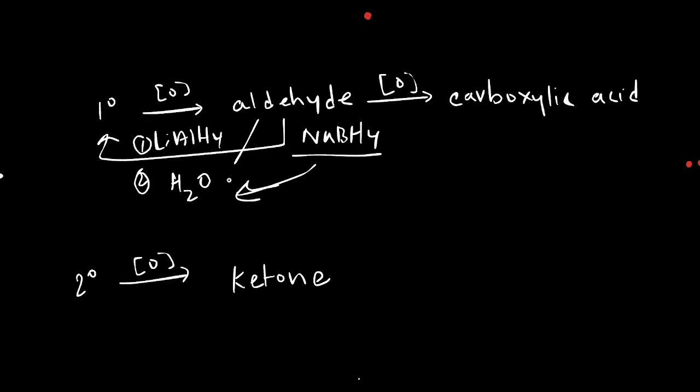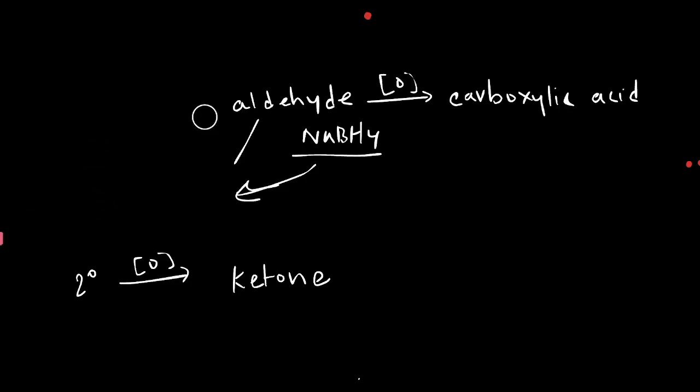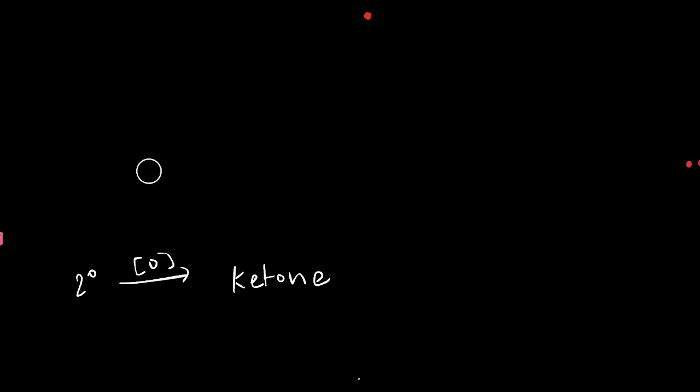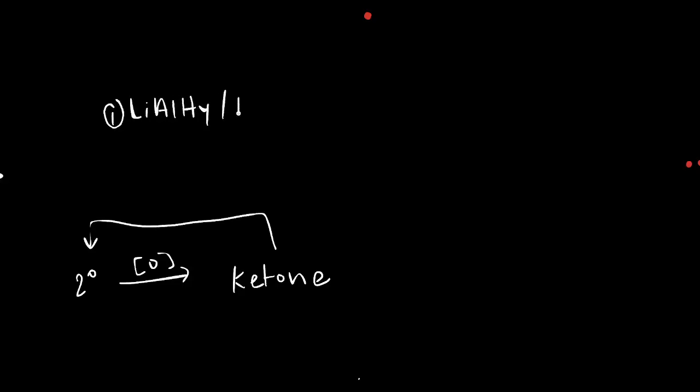And in the case of our reduction of a ketone back to a secondary alcohol, we have again those same two options. We could either, for the first step, react with lithium aluminum hydride or sodium borohydride, and then that second step remains the same, where we react with water.